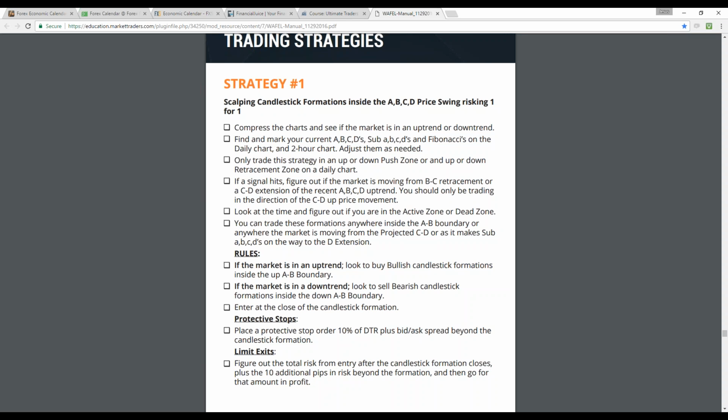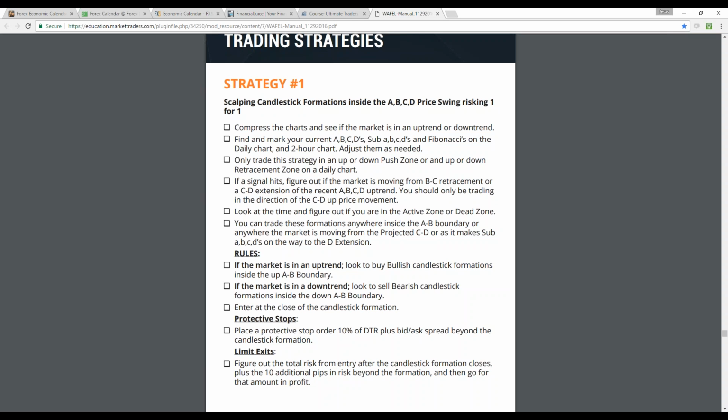Now if I am selling, it will be that same DTR plus the bid and ask spread. Now the bid and ask spread will vary from one pair to the next. Some will have as little as maybe half a pip, and others may have 5, 10, 30 pips.